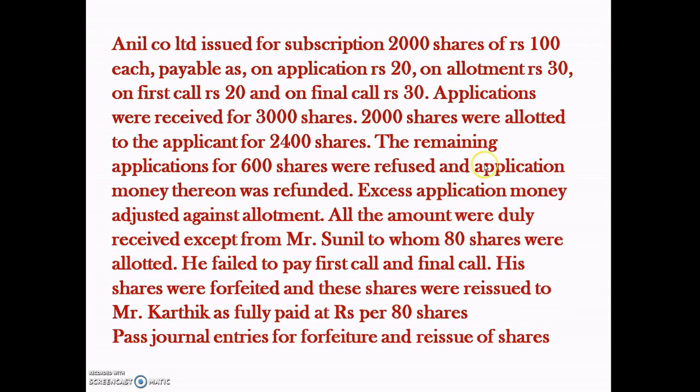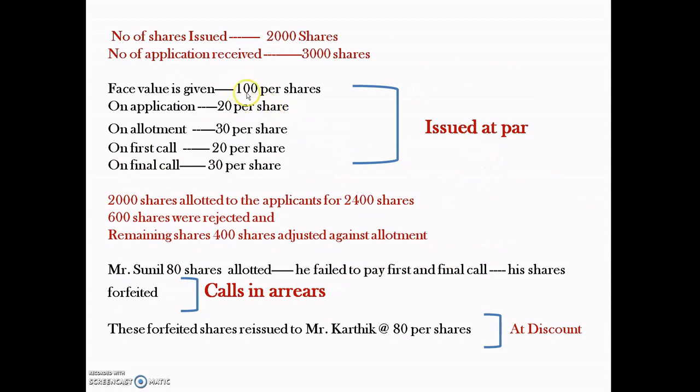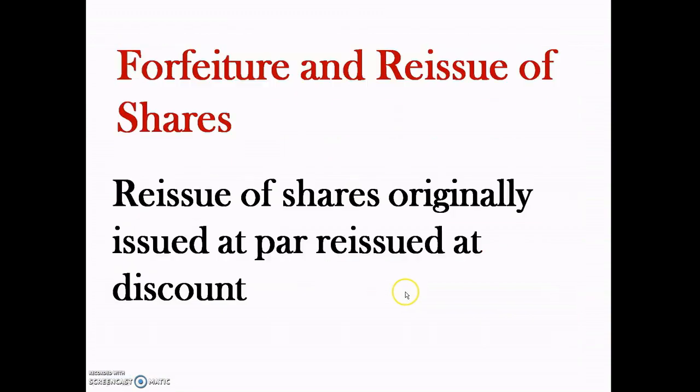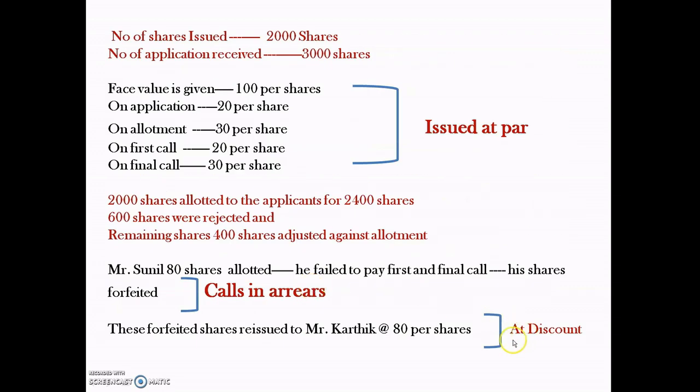The face value of each share is 100, but the company reissued at the rate of 80, so the company issued these shares at a discount. This is the question of reissue of shares originally issued at par, but at the time of reissue the shares are reissued at a discount, because it is less than the face value of 100 and the company reissued at 80.